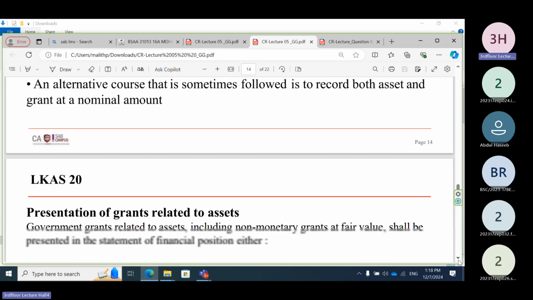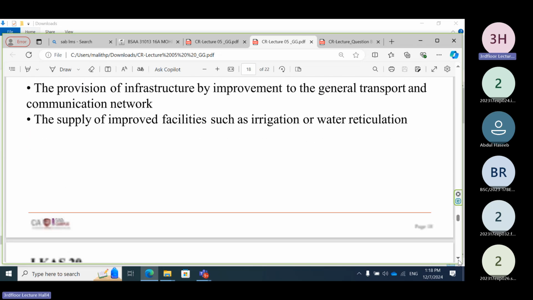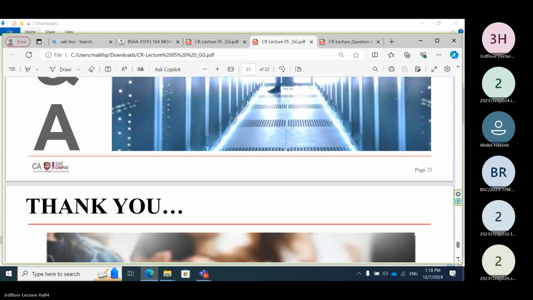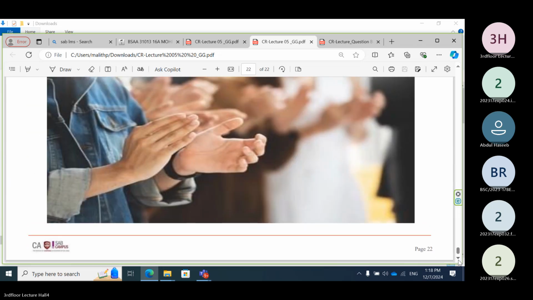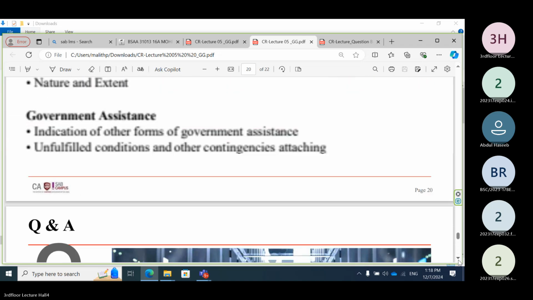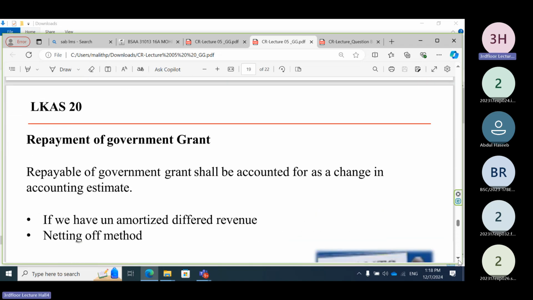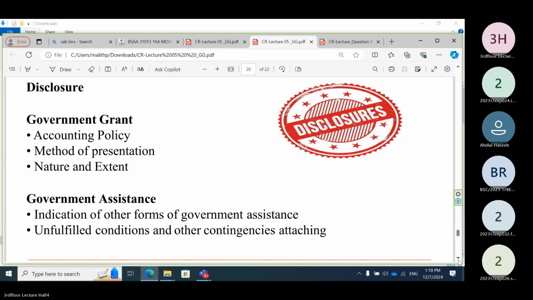You need to reverse that from the books. And then related disclosures. What are the disclosures? Grant related disclosures and then government assistance related disclosures.